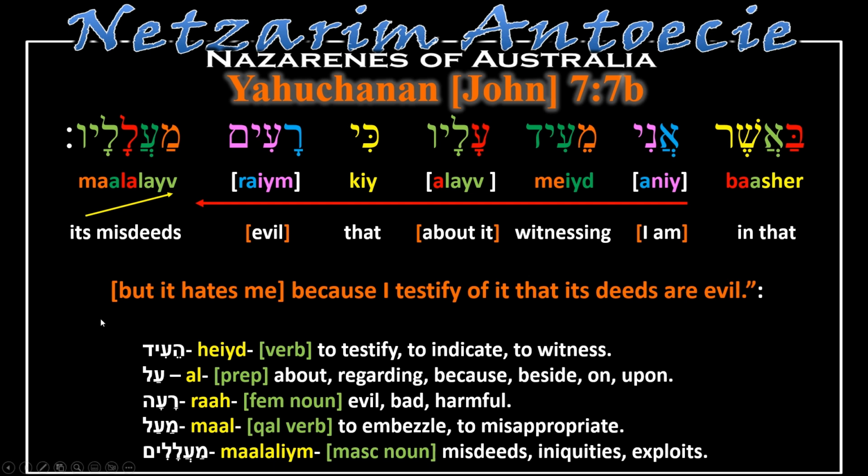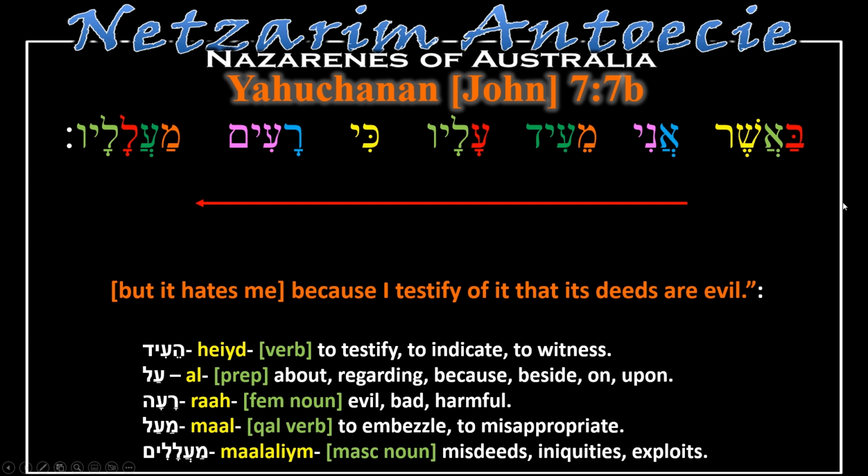So we're just trying to improve our vocabulary so that when we see it again, we may remember it. And the translation: but it hates me because I testify of it that its deeds are evil. So here they translate just as deeds, but it would be better to treat it as misdeeds. Right, so we're going to read that.